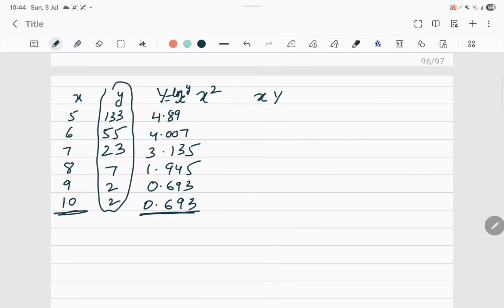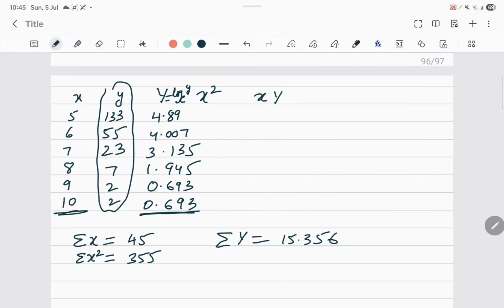So now see, summation x is 45. So summation x is equal to 45. Okay. Then I need summation y. So go to your y value. Summation x square also you can note down, 355. Then summation y is equal to 15.356.